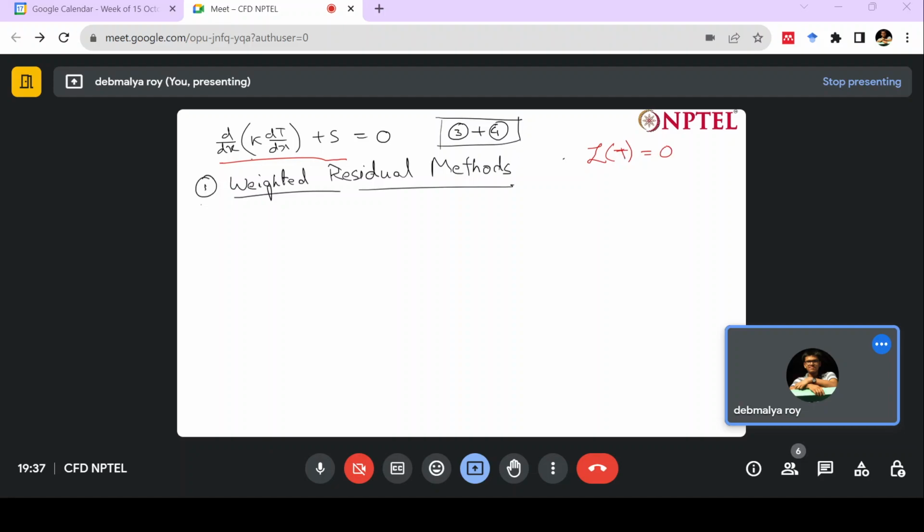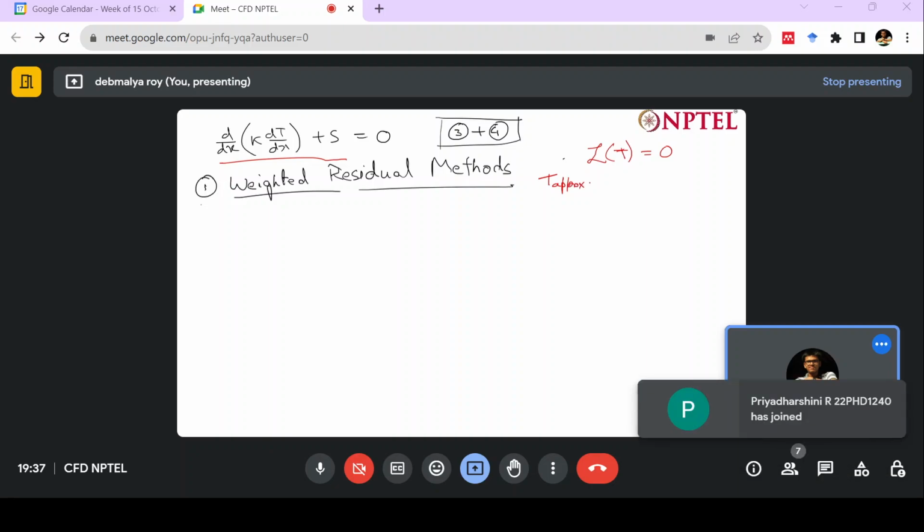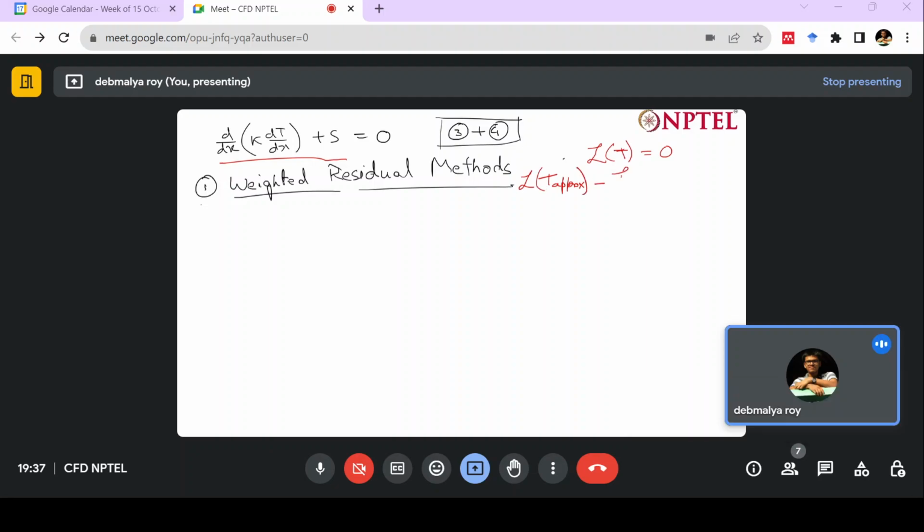So we have converted this into an operator. Now we say that we find an approximate solution, T approx. Whatever your L of T approx will be, this will be different from L of T, the actual solution. So this we have named R, which is the residual.